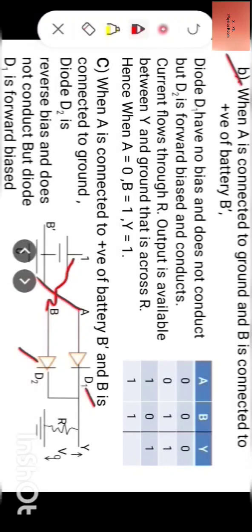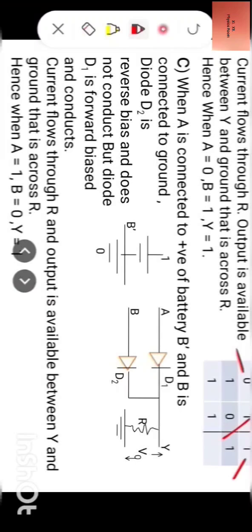Current flows through R. Output is available between Y and ground, that is across R. Hence, when A is 0, B is 1, Y is 1.